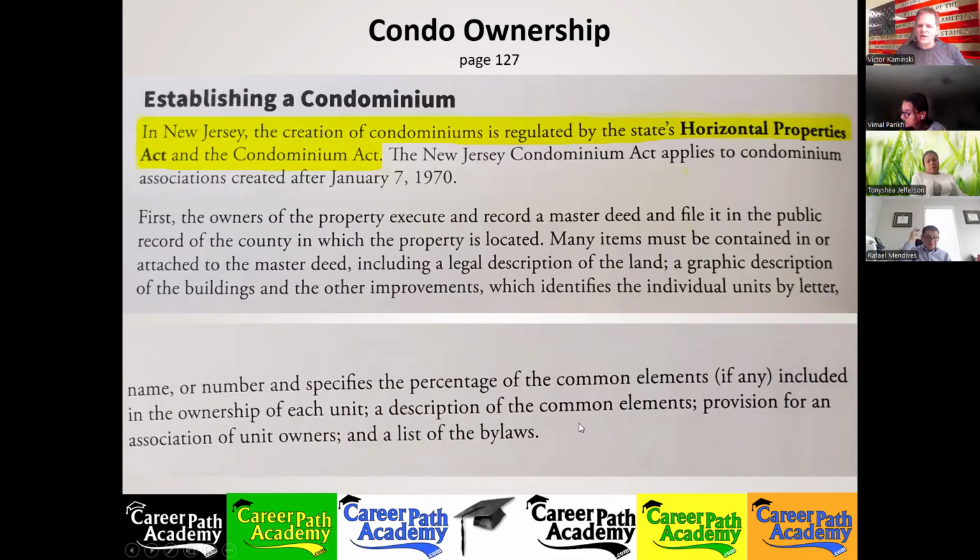A description of the common elements, provision for an association of unit owners, and a list of the bylaws. To start out, you've got to have some kind of rules at the beginning, right?